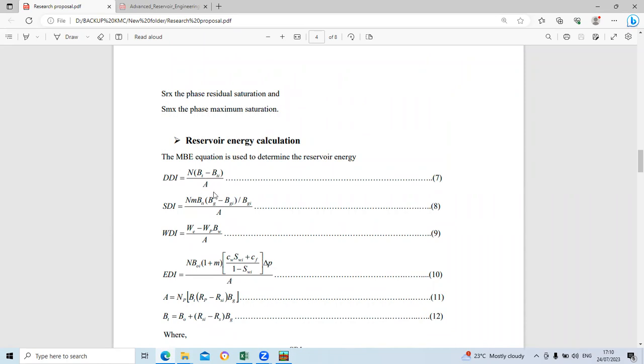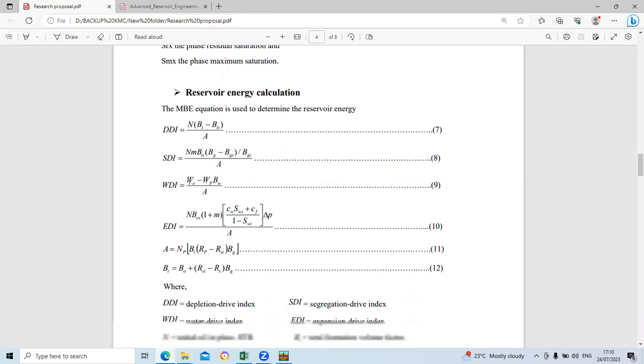I think it was this plus this plus this plus this is equal to 1. And I now said each of these represents different energy sources within the reservoir. We have our DDI, depletion drive index, we have water drive index, we have segregation drive index, and then we have expansion drive index.